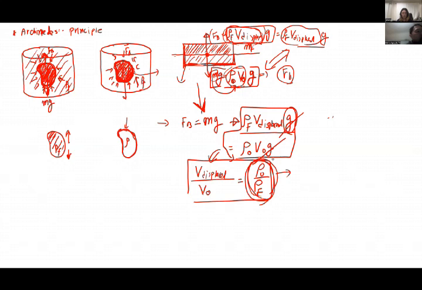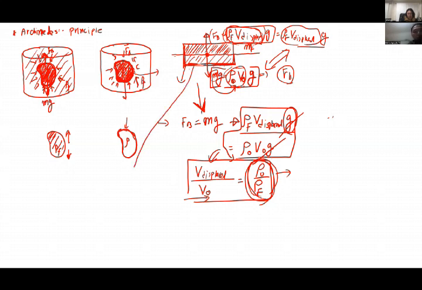So for an object in a fluid, if its density rho is less than that of the fluid, right? From that, there are two different weights in a fluid. One is the real actual weight, the other one is the apparent weight.